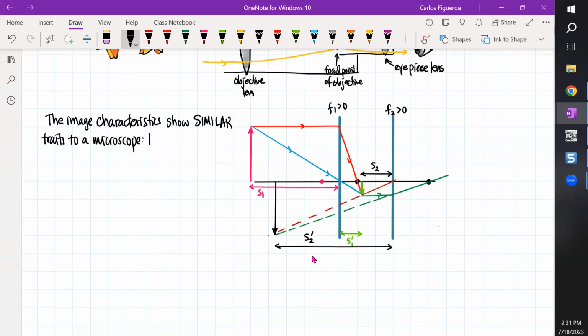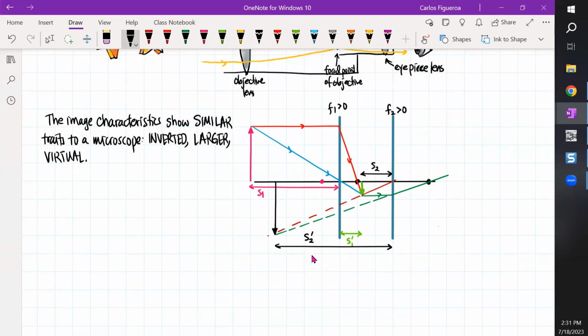We see that it's inverted, it's larger, and it's virtual. And we can clearly see that the second lens has magnified the image.